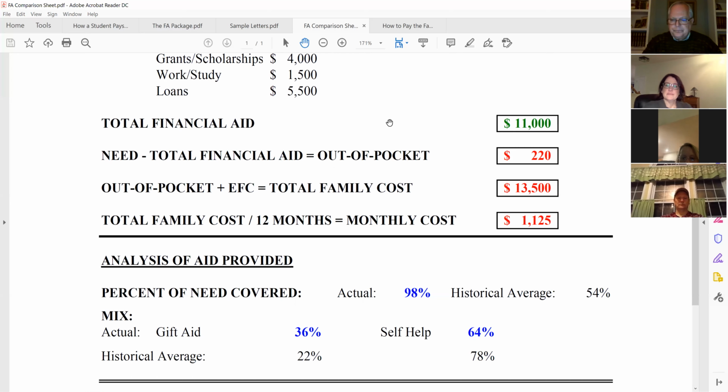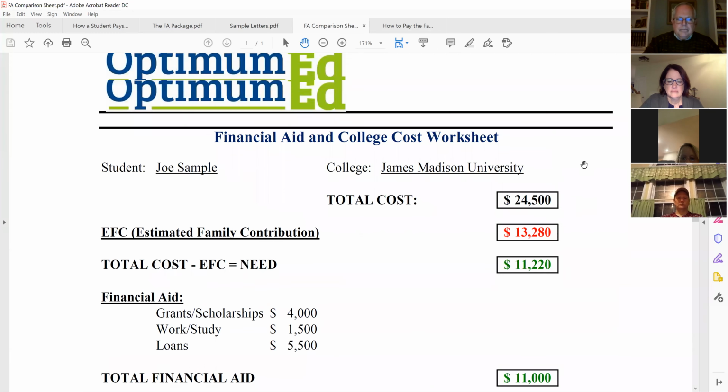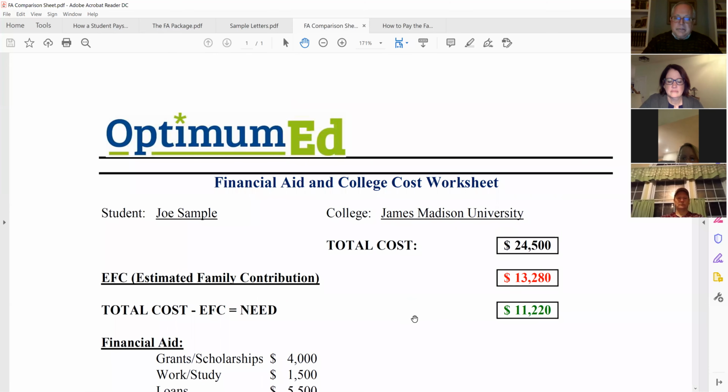All right. So you want to do this for each school, right? You want to do that for each school that you've been accepted to and you received an offer for.